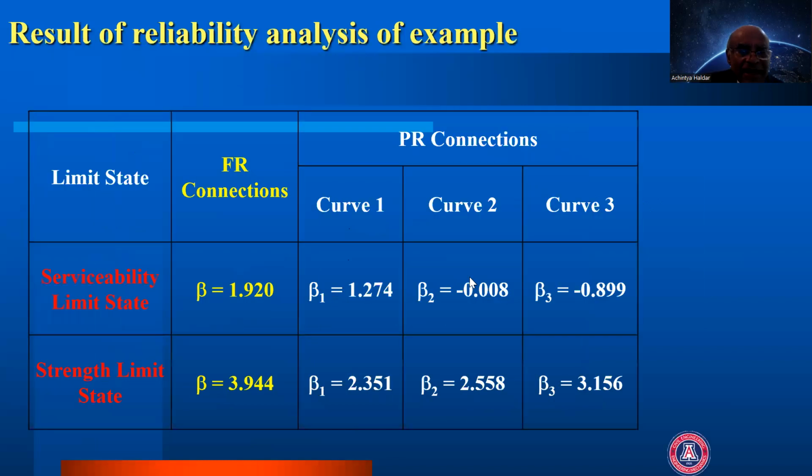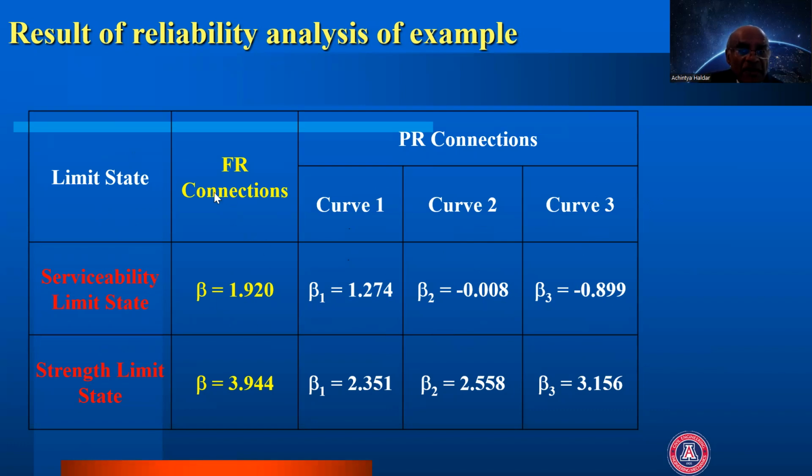And when I take those connections and try to calculate probability of failure, I found that this is the FR, fully restrained connection, reliability index for serviceability and strength for curve 1, curve 2, and curve 3. You can see none of them are similar. Even when I use very flexible connection for serviceability, the risk could be more than 50%.